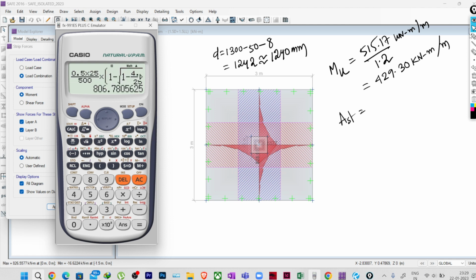We are getting a value of 806.78 mm square. So this is the Ast required for the moment that we are getting.